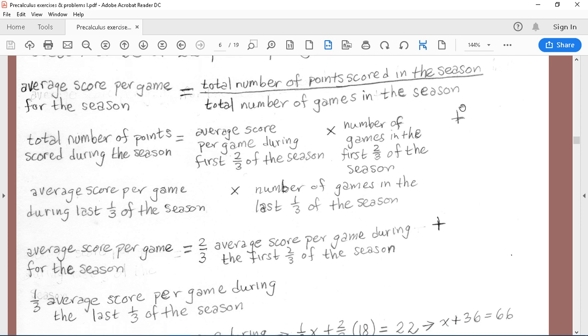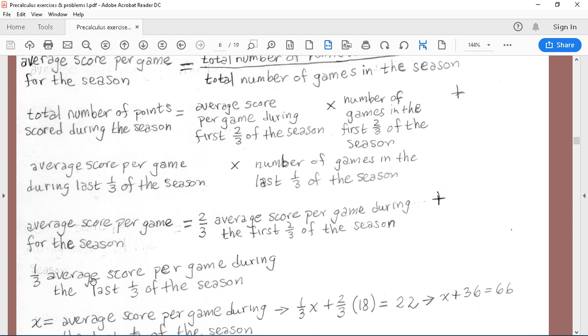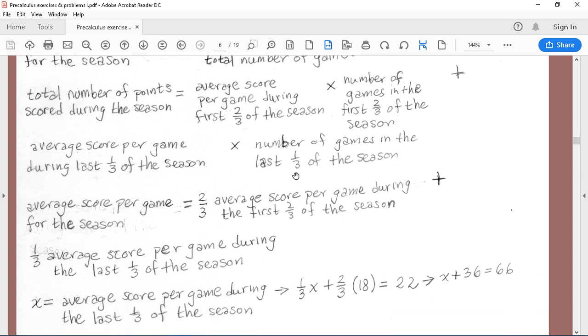And again we have the plus the average score per game during the last 1/3 of the season times the number of games in the last 1/3 of the season over the total number of games in the season.